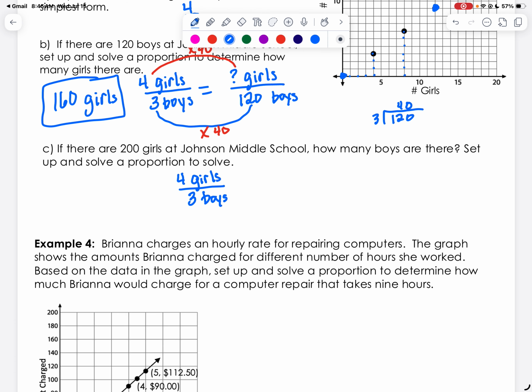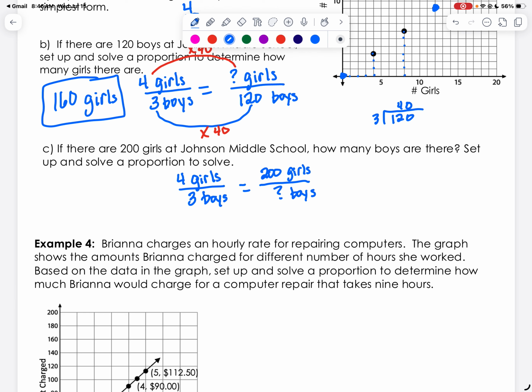What I want you to notice is that in my proportion, I'm putting the girls on top, the boys on the bottom. That's important because in part C, they've given you the number of girls. In part B, we didn't know how many girls there were. But in part C, they've told us there are 200 girls, and they want to know how many boys.